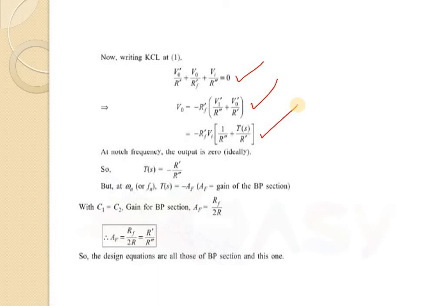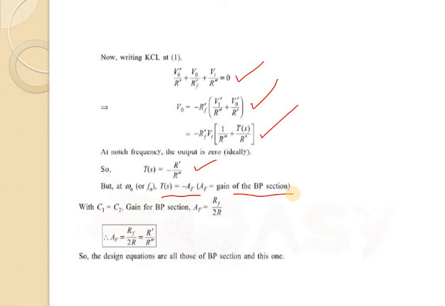And ideally, we can write that Ts equals minus R'/R''. But when the frequency Fn equals, Ts equals minus AF, where AF is the gain of band pass section.